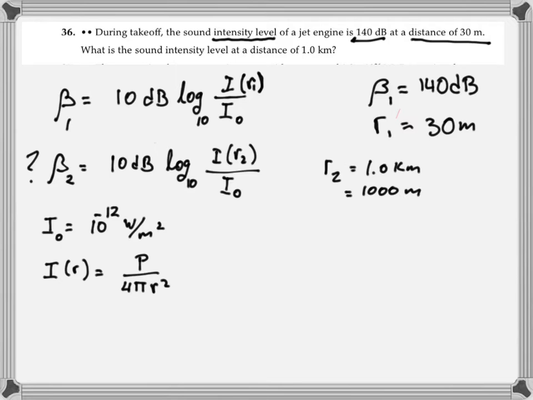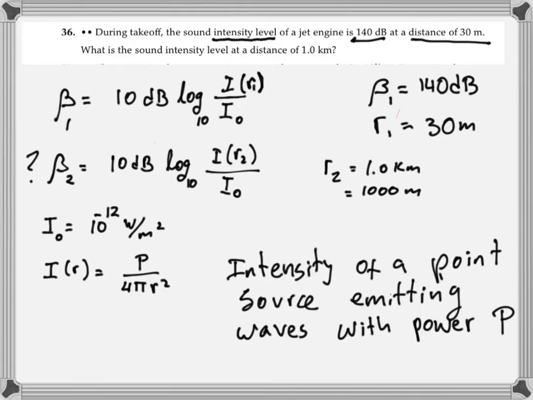The equation in your formula sheet for intensity as a function of distance is the power, P, of the source divided by 4 pi r squared. Remember that this was discussed in a previous video. This applies to a point source emitting waves with a power P, in watts or joules per second.